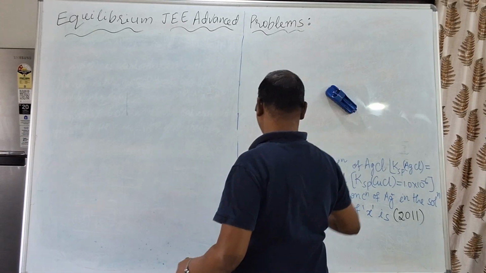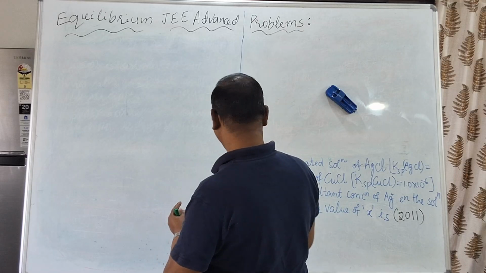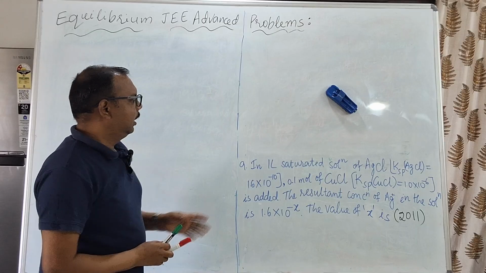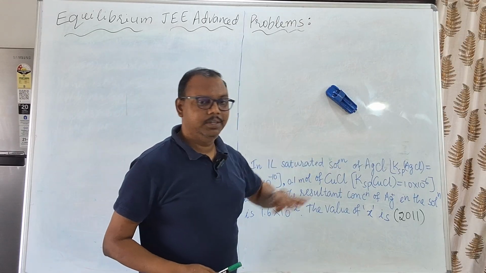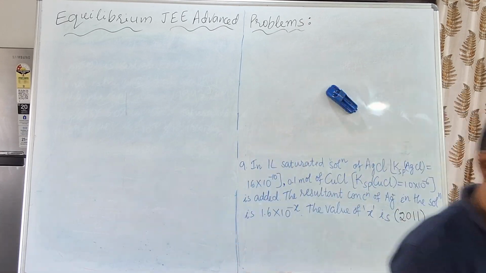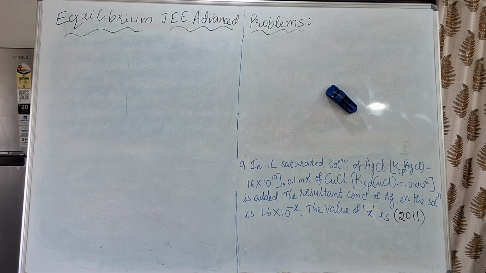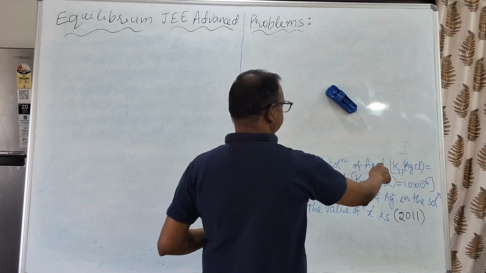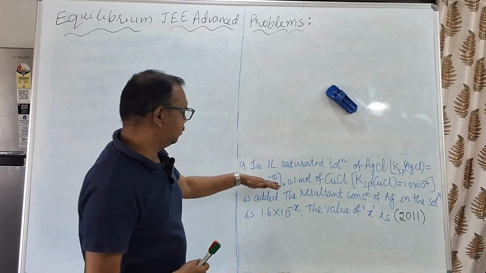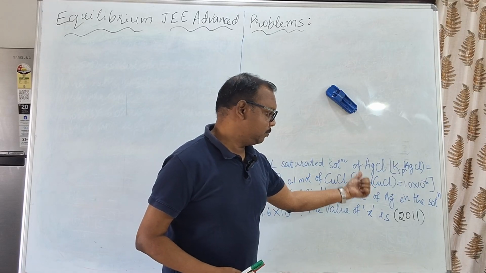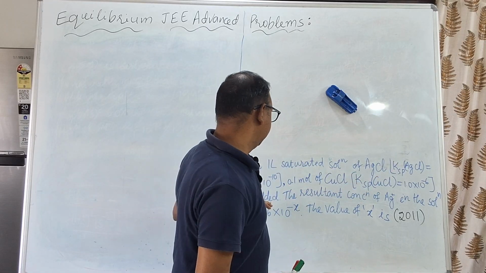Let us go through the question continuation here. In 1 liter saturated solution of AgCl, the Ksp of AgCl is given as 1.6 into 10 power minus 10. 0.1 mole of CuCl, that is Ksp of CuCl is 1 into 10 power minus 6, is added.